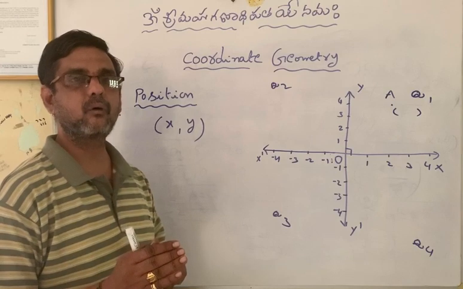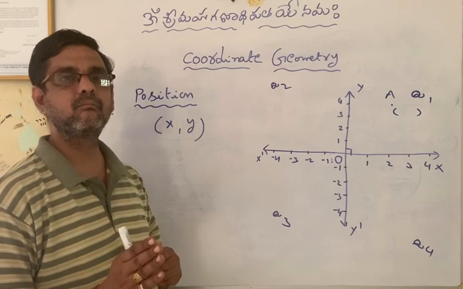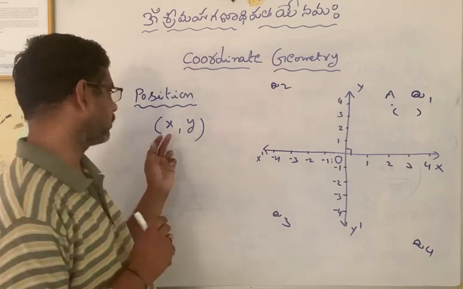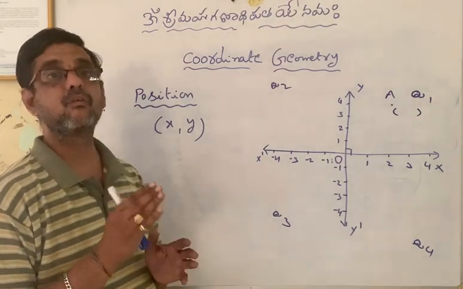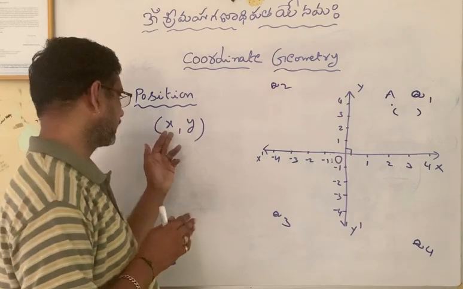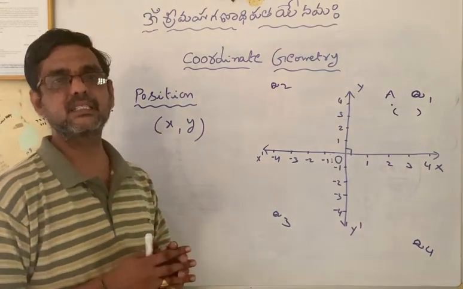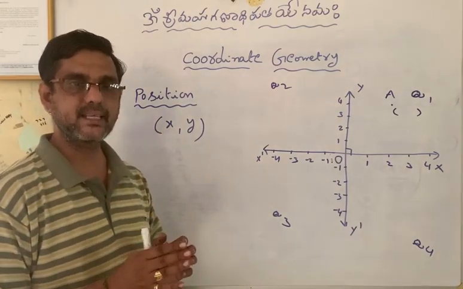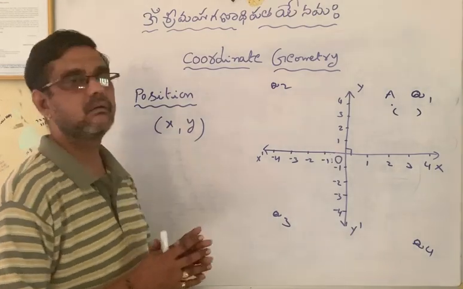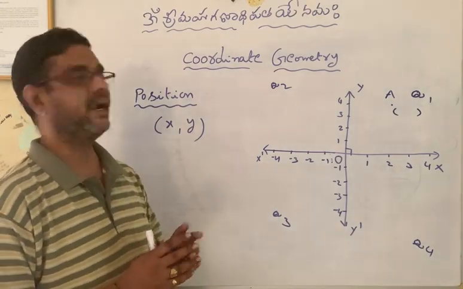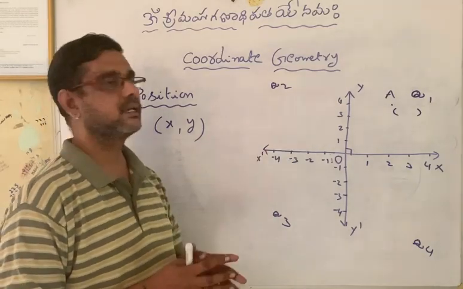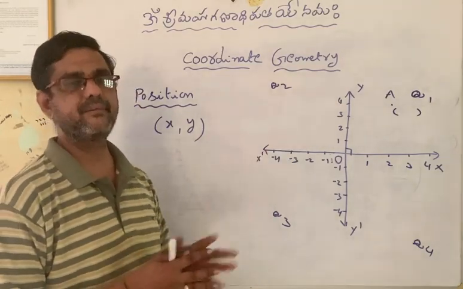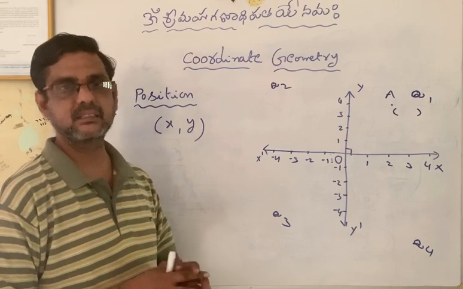The perpendicular distance of the point from the y axis is called the x coordinate, and the perpendicular distance of the point from the x axis is called the y coordinate. And together x comma y represents the position of the point A. This is what we have learned in class 9.